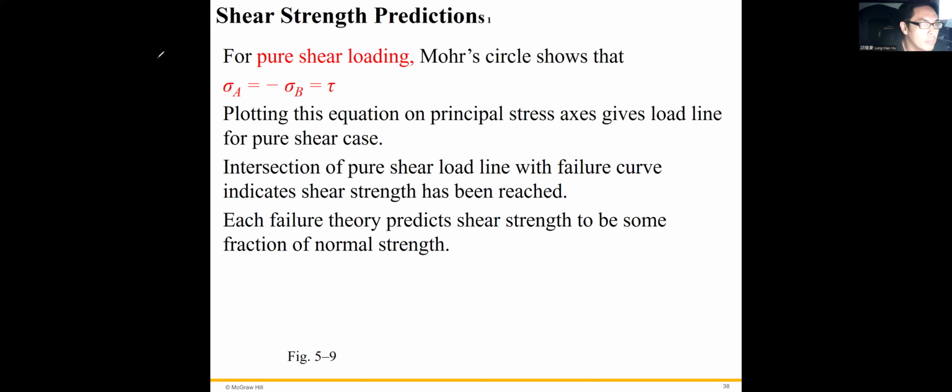Suppose this component is under pure shear loading, and Mohr's circle shows that sigma A equals minus sigma B equals tau, which is the maximum shear stress, right? So this is the condition if this element is under pure shear loading.